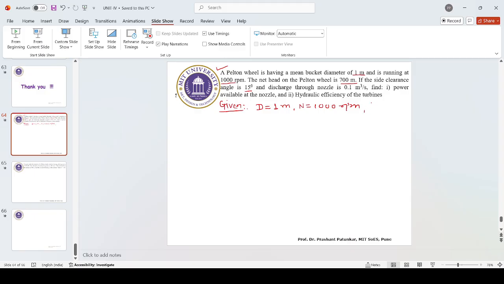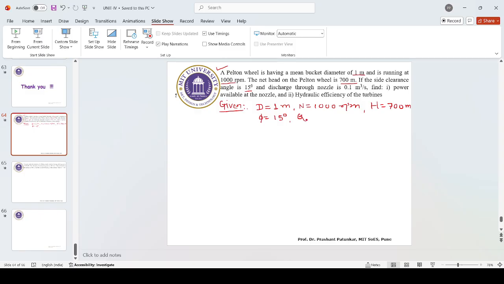The net head, capital H, is 700 meters. The side clearance angle phi, for the outlet velocity triangle, is 15 degrees.